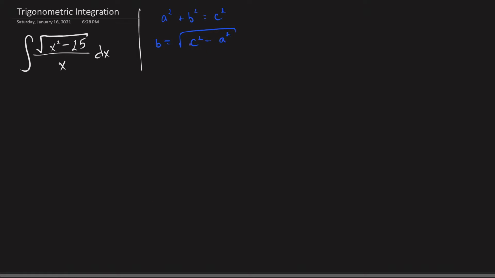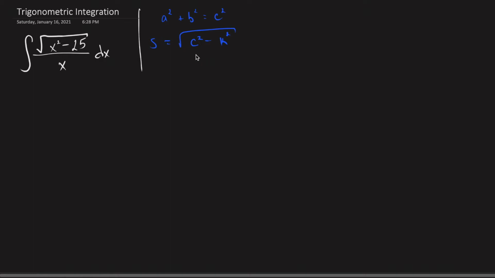We see that c is clearly x, so the hypotenuse is x. And we have minus some side squared. We don't know exactly which side this is. Is it adjacent, is it opposite? We don't know, so I'm going to call it k, some random variable.